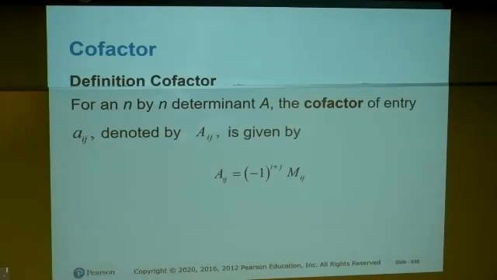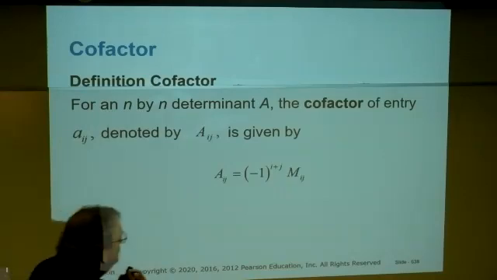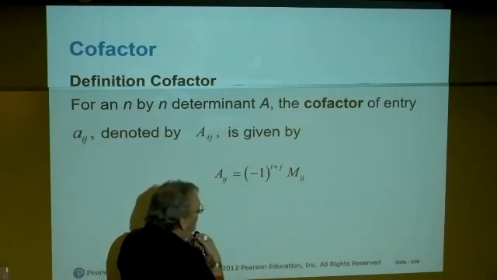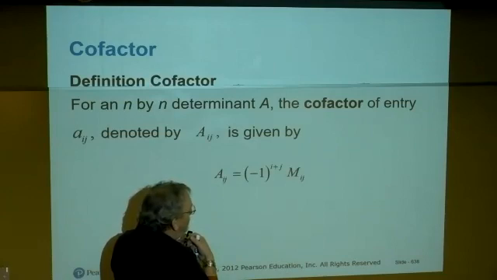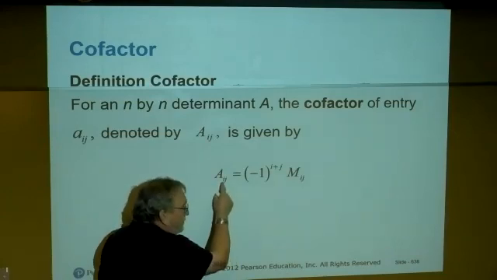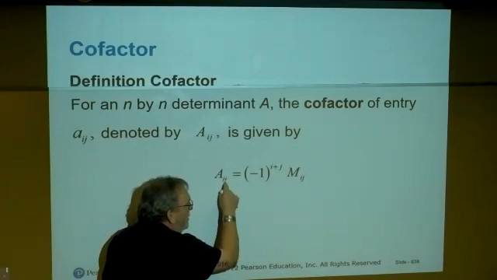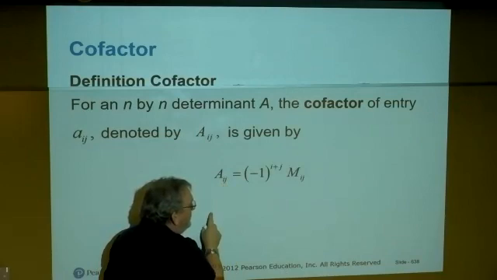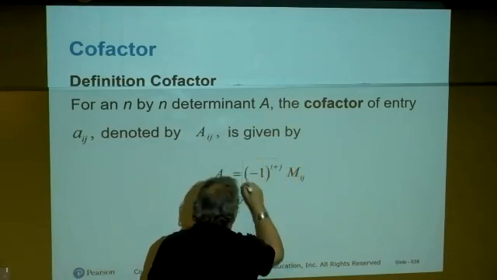Now, this is the definition of a cofactor. That means we're multiplying an entry by the minor of this number, this entry. So the cofactor is this right here.